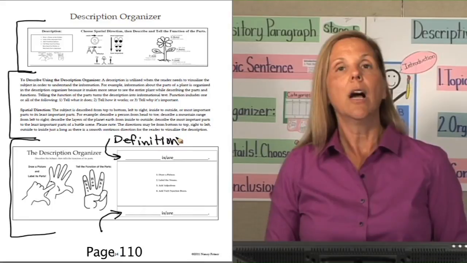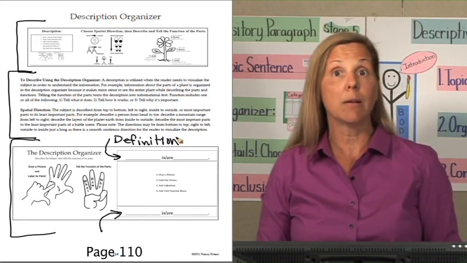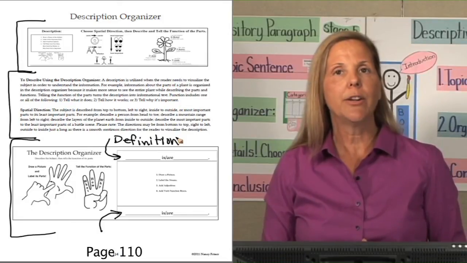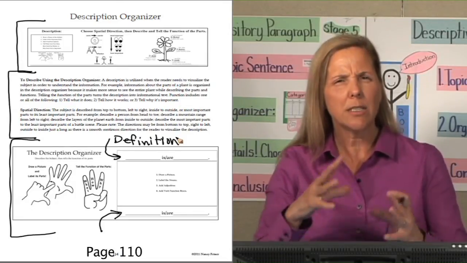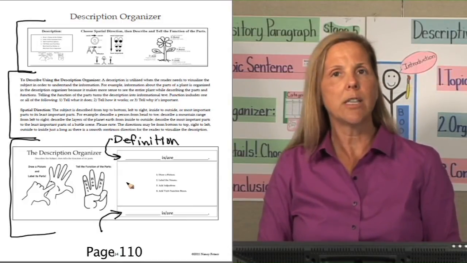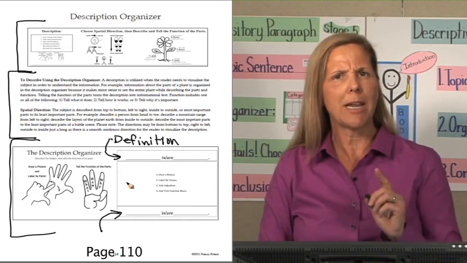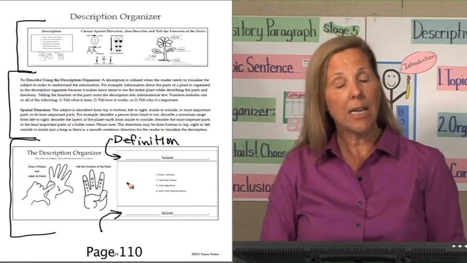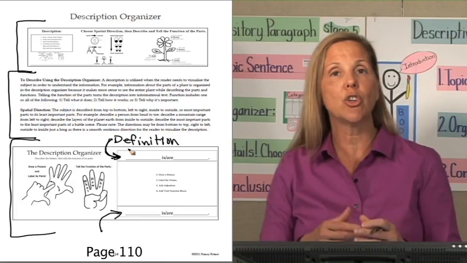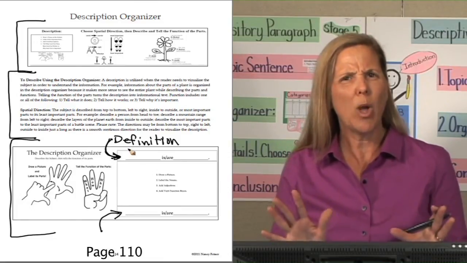So let's say that I was writing about a desert animal, a bird, the roadrunner. And I know my reader needs a description of this. They need to see what the roadrunner looks like and the function of its parts. At that point, I know I need a description organizer, but my topic sentence, because it's a description, is going to be a definition. I have to first introduce to my reader basically what is a roadrunner.